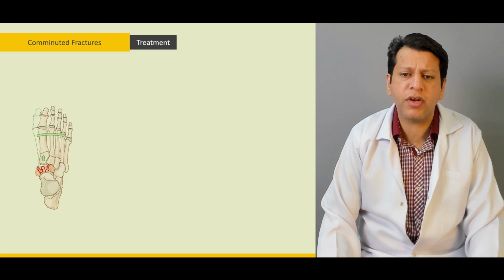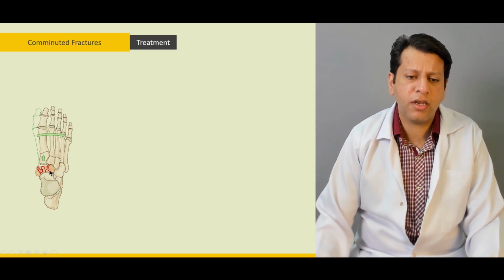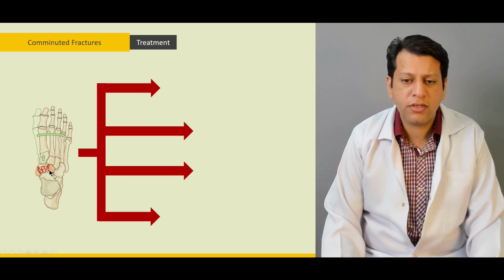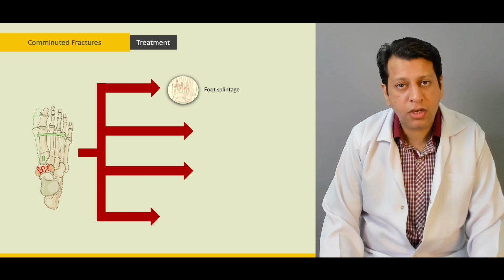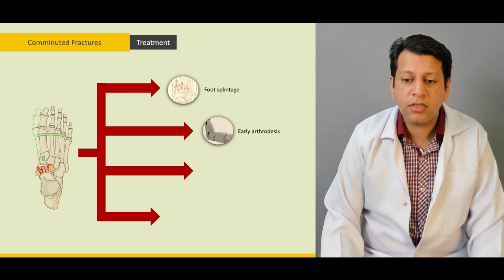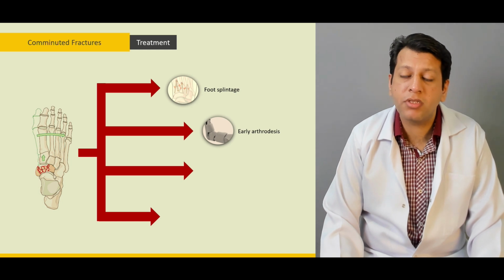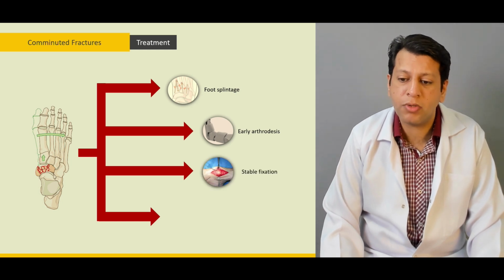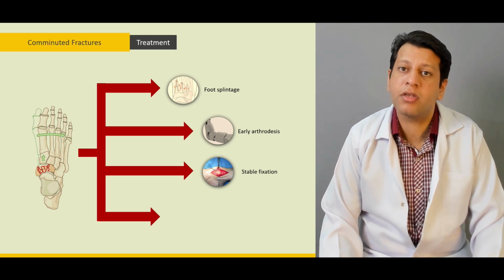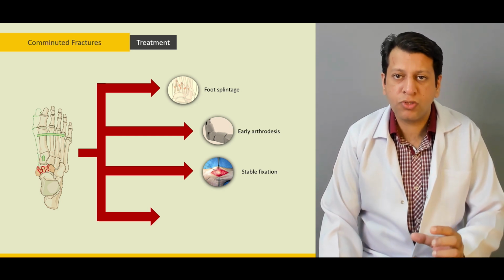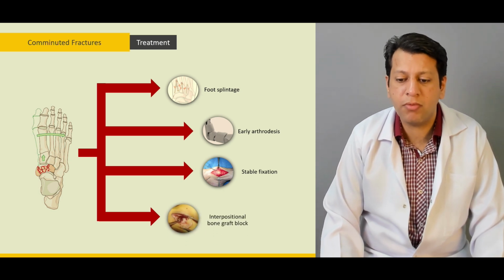Coming to the comminuted fractures, if you have this sort of situation, you can appreciate a navicular comminuted fracture. You probably require foot splintage in the form of a splint or a cast. Then you may require an early arthrodesis, because despite the treatment, there will be some form of arthritis as well, and you need to provide stable fixation with either a screw or a plate, because a K-wire construct will not be stable enough.